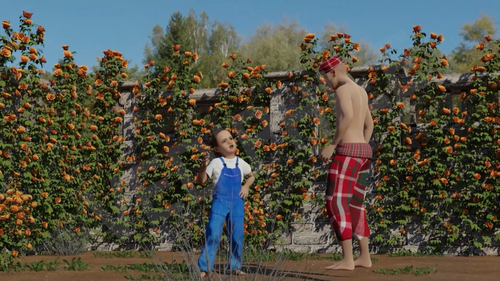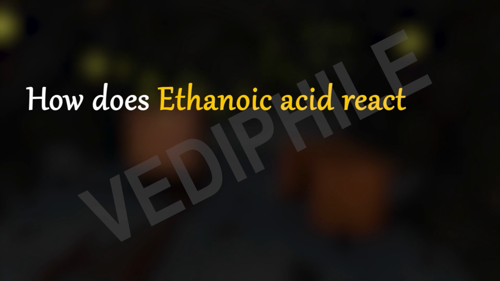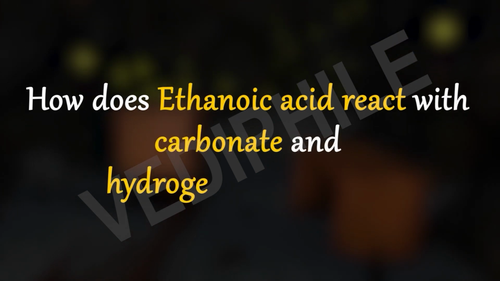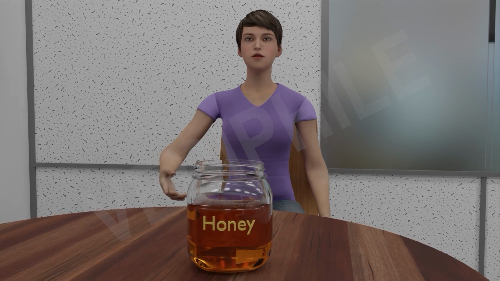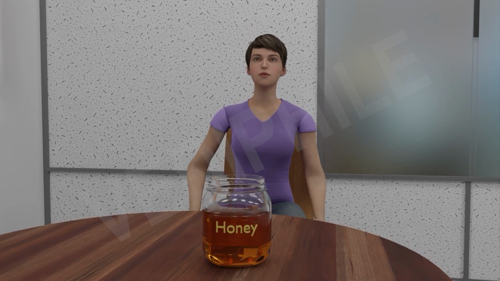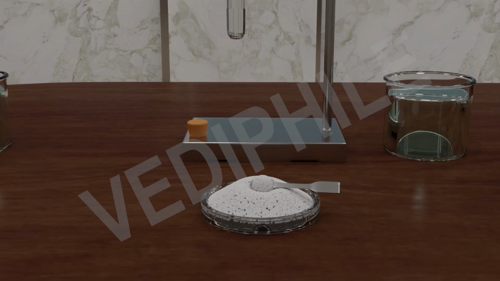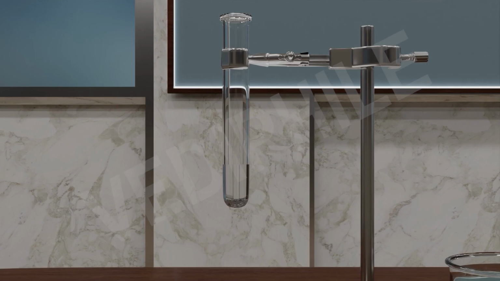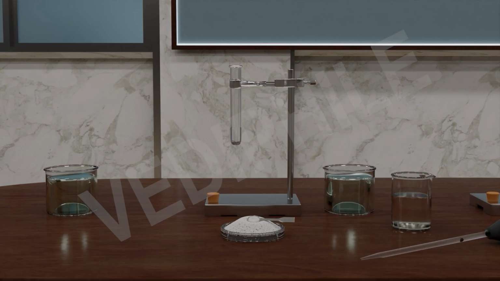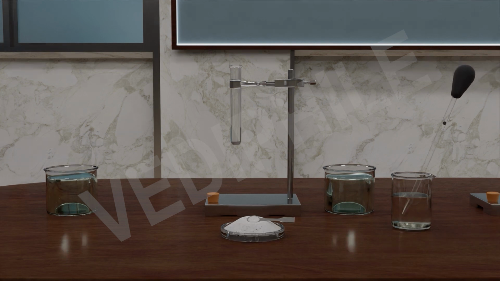Let's find out how ethanoic acid reacts with carbonates and hydrogen carbonates. To understand this, let's perform an activity. So take a spatula full of sodium carbonate in a test tube and add 2 ml of dilute ethanoic acid.